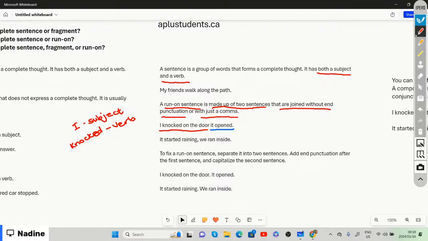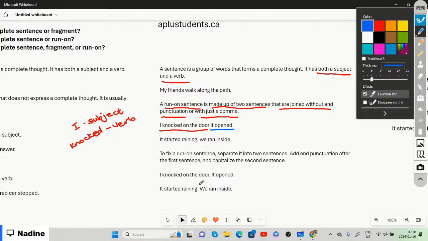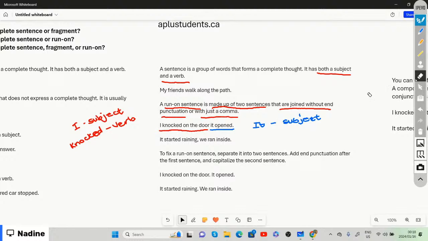And then if we look at the blue that's underlined, it is our subject, and opened is our verb.